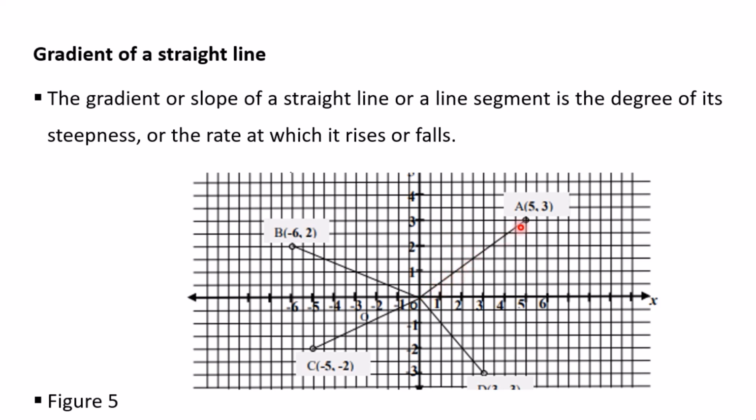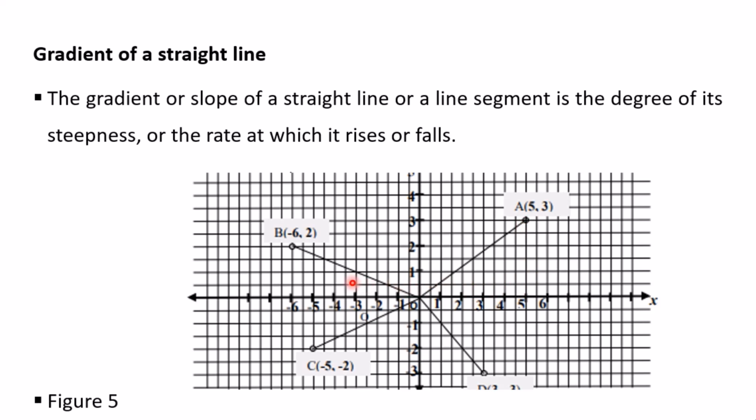If you look at this line OA, its gradient implies that for every 3 units we move up, there's a corresponding 5 units across. So our gradient is going to be 3/5.